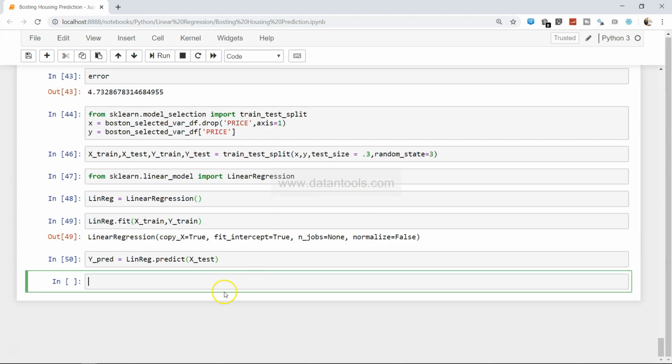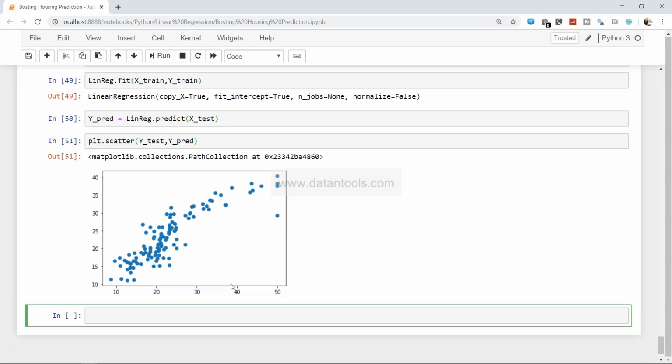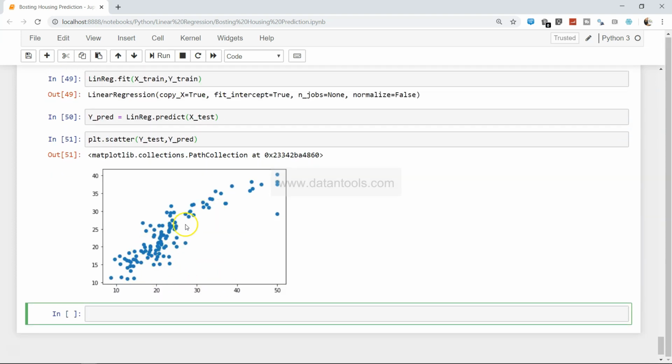So now y prediction has come, and like earlier, we can plot the values with plt.scatter(y_test, y_pred). This also shows a good positive correlation, which indicates that yes, our model is working fine even on unseen data.